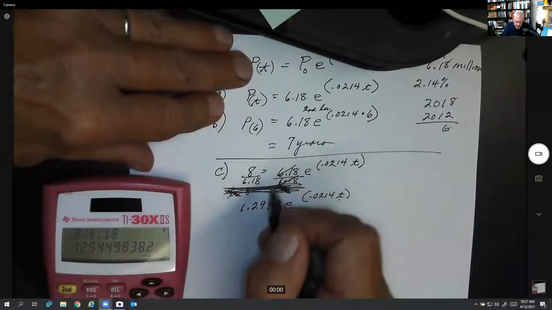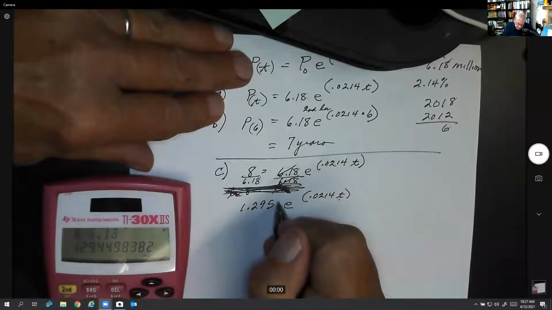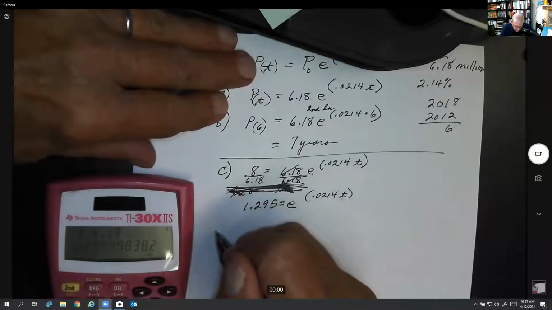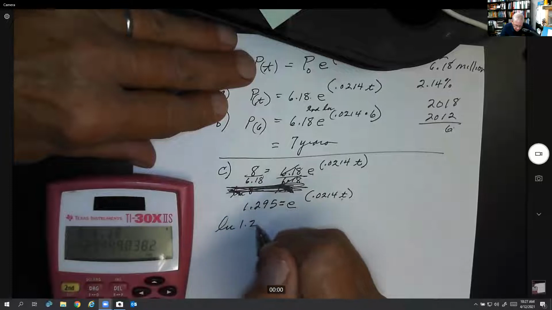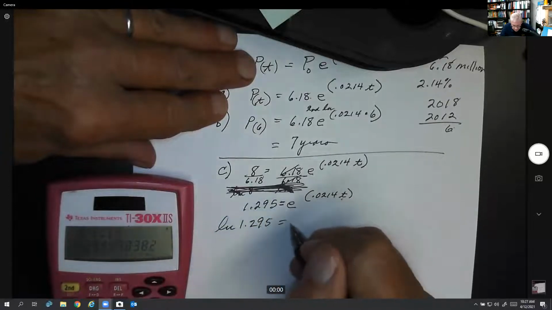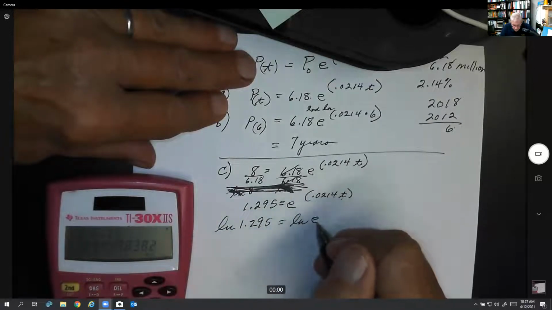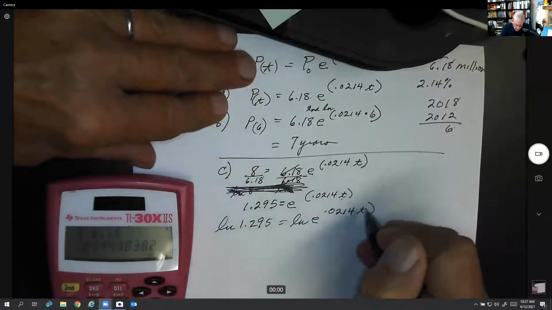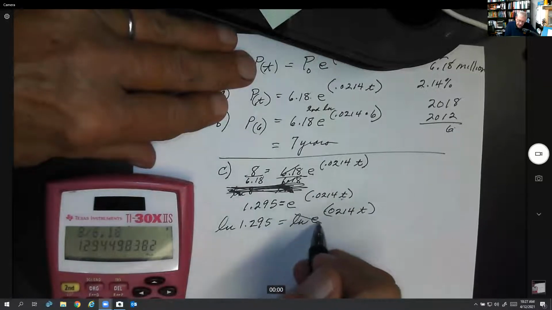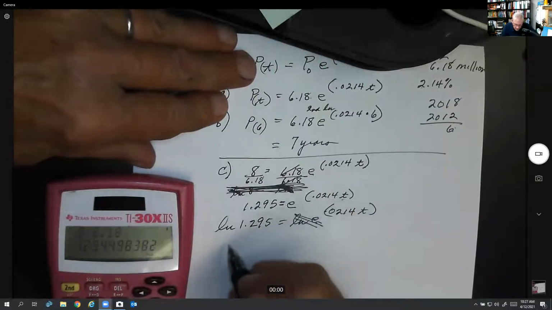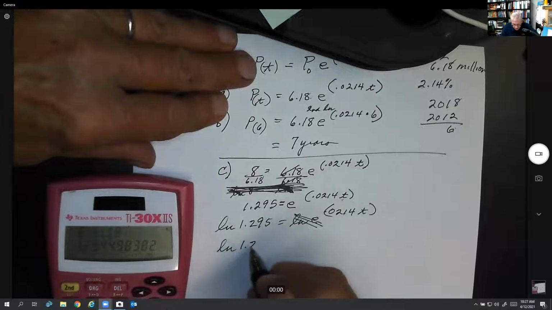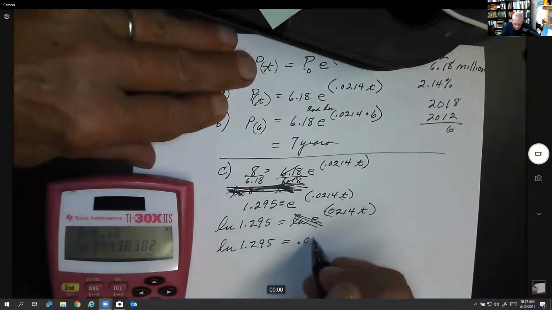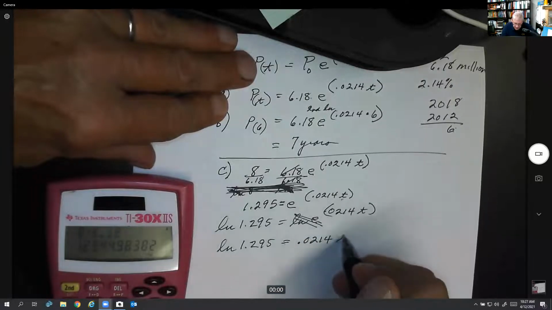So I'm going to take the natural log of both sides. Now I go ahead and take it. And what does that do? That eliminates the natural log of E. So I have the natural log of 1.295 is just equal to 0.0214 t.